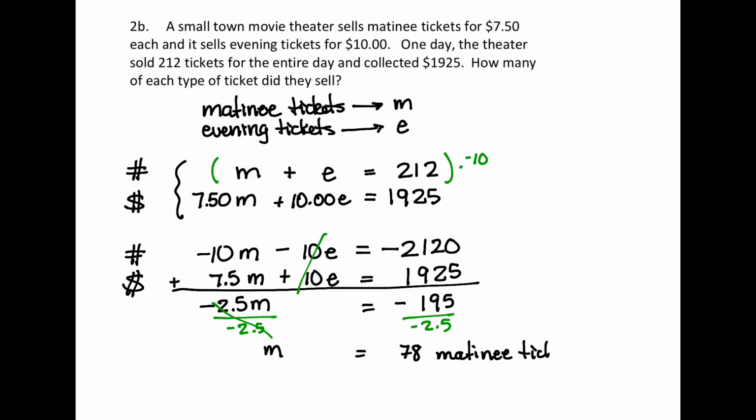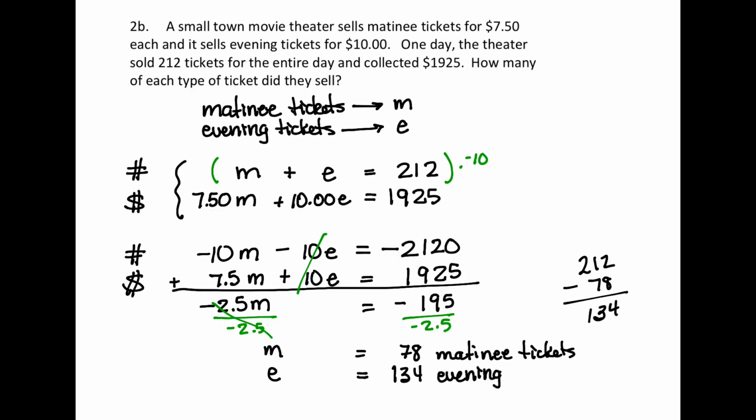Matinee tickets. And E is going to be how many are left from the 212 after I sold those 78. And that ends up as 134 evening tickets.